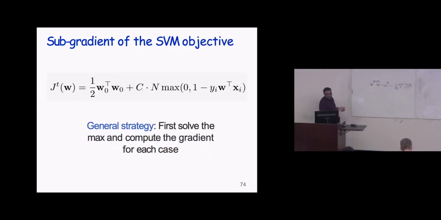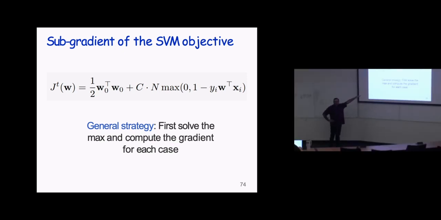So essentially, we can do kind of an if-else or case checking, where the idea is to first solve the max problem. First figure out whether the max function gives you a 0 or a 1 minus y w x. If you get a 0, then that part is gone.